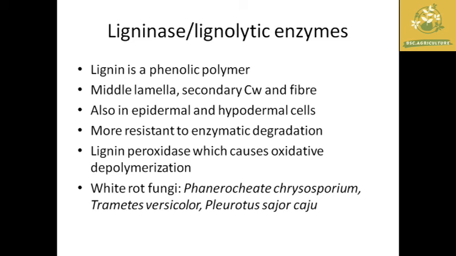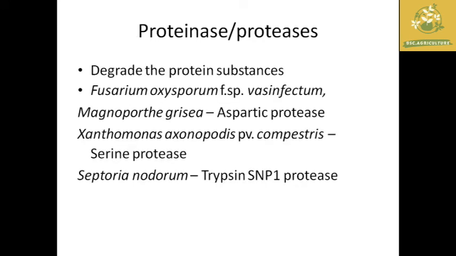While seeing about the characteristics of lignin, it is more resistant to enzymatic degradation. So the lignin peroxidase is used to cause oxidative depolymerization of lignin. So that is how the enzyme acts on the lignin compound, and some of the examples are the white rot fungi, which degrade lignin in plant cells, and proteinase.